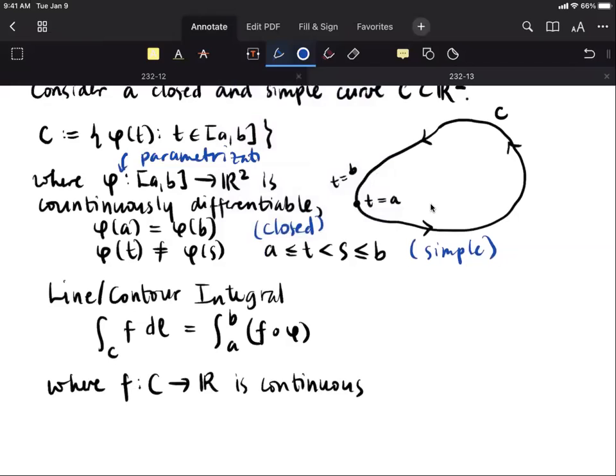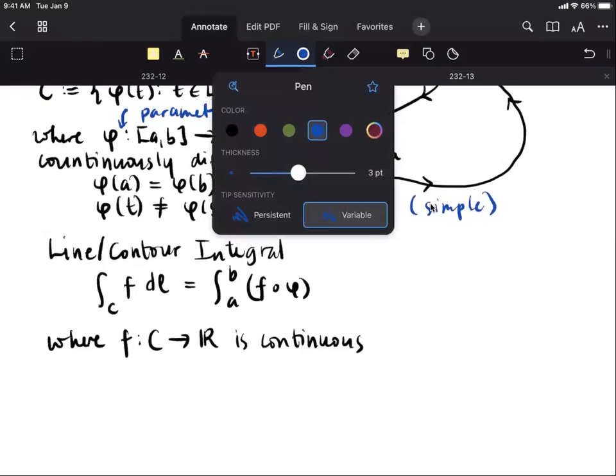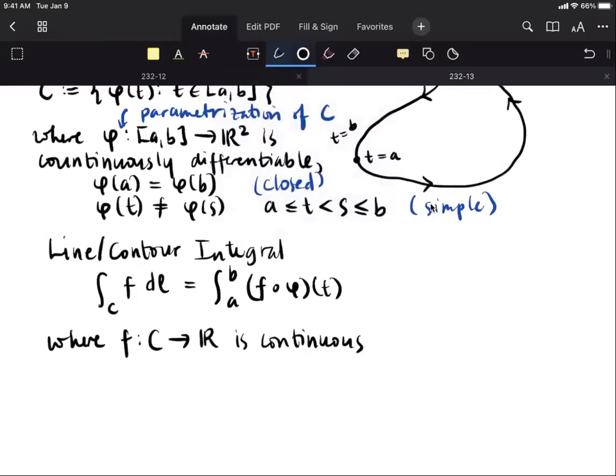So this is a parametrization of your curve t times the line element, which is in this case the square root of 1 plus the norm of the derivative of your parametrization squared dt.